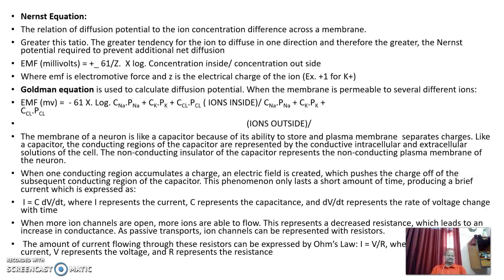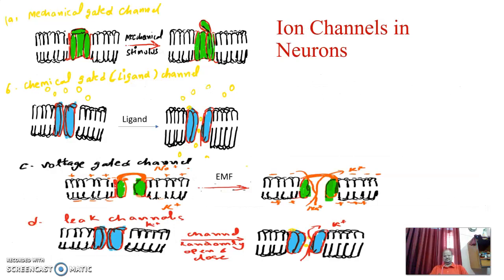So you can apply Ohm's law here: V equals IR, so I equals V upon R, where I is current, V is voltage, and R represents the resistance of the plasma membrane of the neuron, or between neurons.